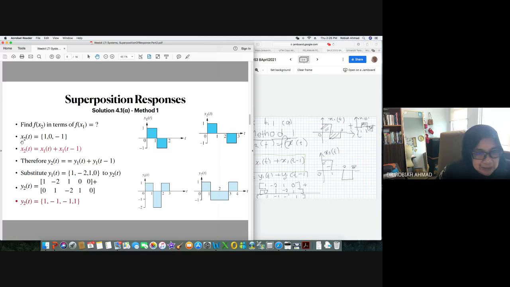We apply that to the output we want to find. Since it is LTI, by superposition, Y2 equals Y1(t) plus Y1(t minus 1), and then we put in the Y1(t) value from our equation here.